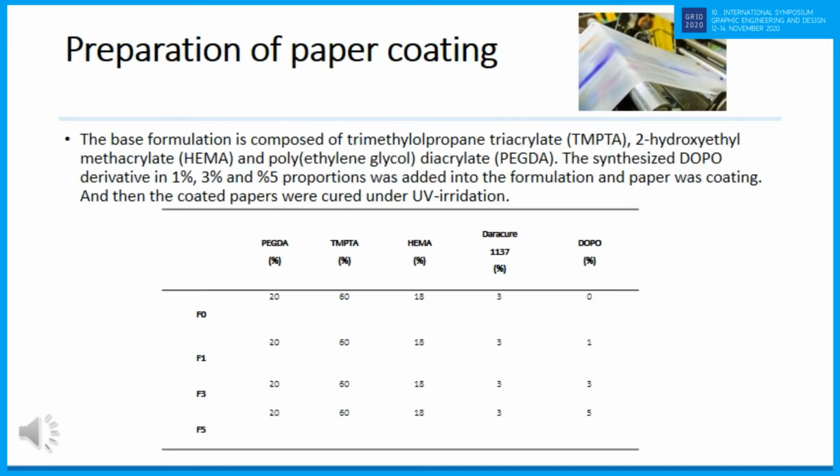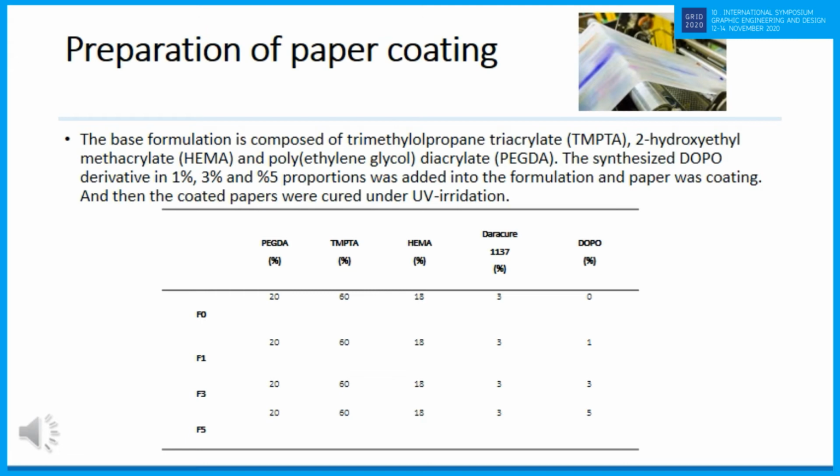If we answer the question of how we prepared the coatings, as can be seen in the formulation table, the base formulation is composed of 3-methyl propane triacrylate, 2-hydroxyethyl methacrylate, and polyethylene glycol diacrylate.